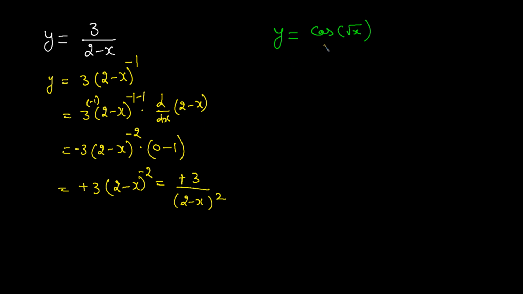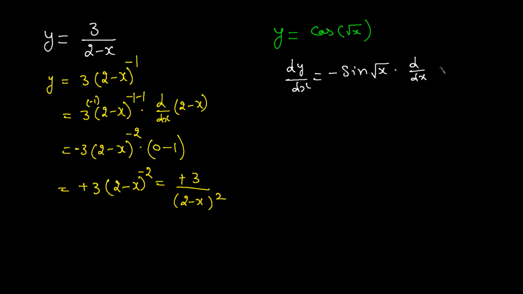All right, let's work on the third one. y is equal to cosine of the square root of x. In this case, my outer function is cosine and the inner function is the square root of x. Using the chain rule, dy over dx: the outer function is cosine, so the derivative of cosine is negative sine of the square root of x, times the derivative of the inner function.